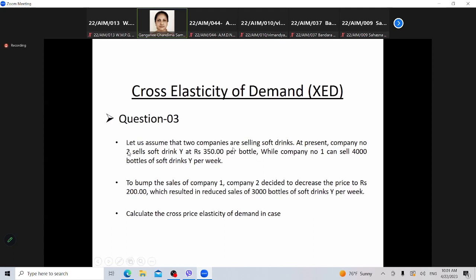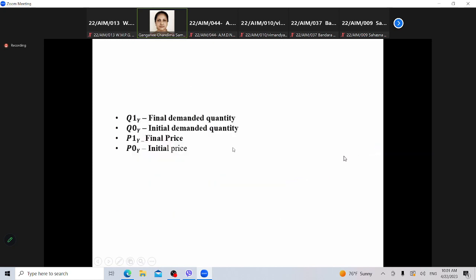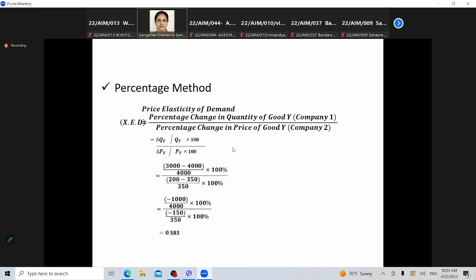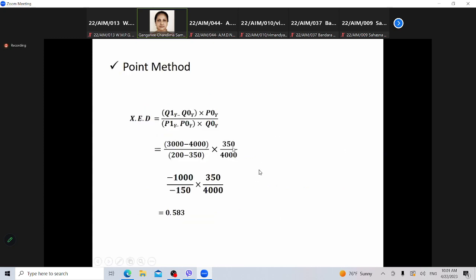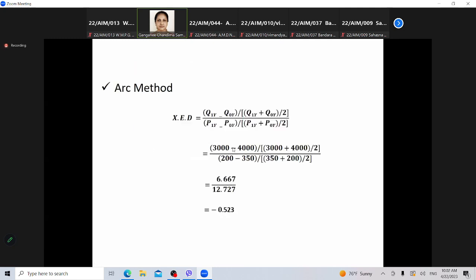See, price of company 2 and quantity of company 1. So that is the important thing you should learn here. Price of company 2 and quantity demanded of company 1. Hope now many can understand.